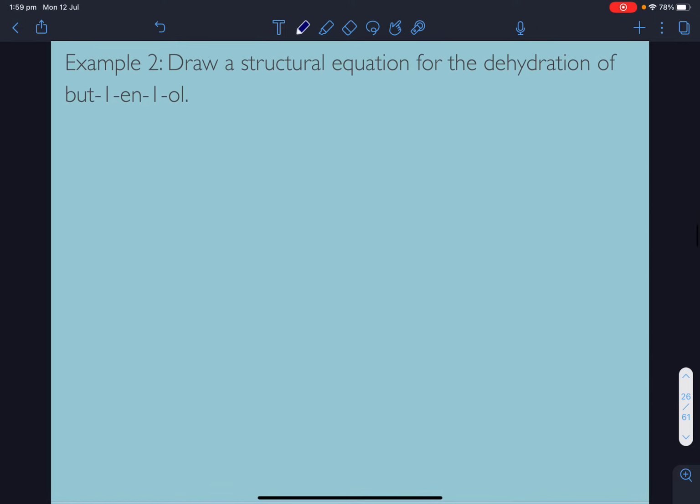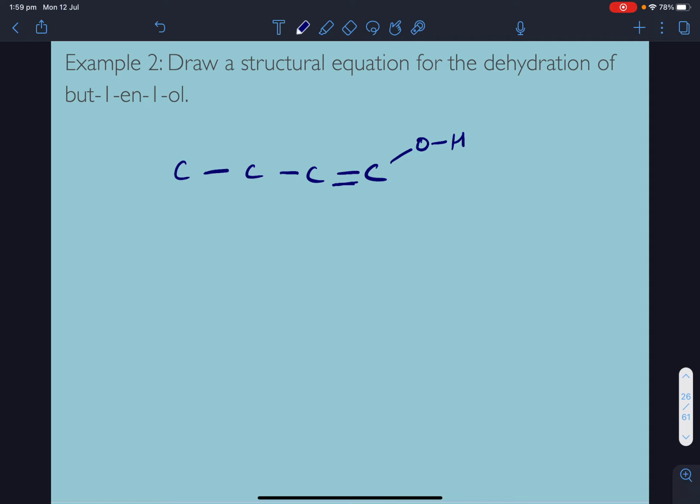Draw a structural equation for the dehydration of but-1-ol. So it's a but, so we've got 4 carbons. 1-ol, we've got our alcohol group there. I've drawn it really big, haven't I?